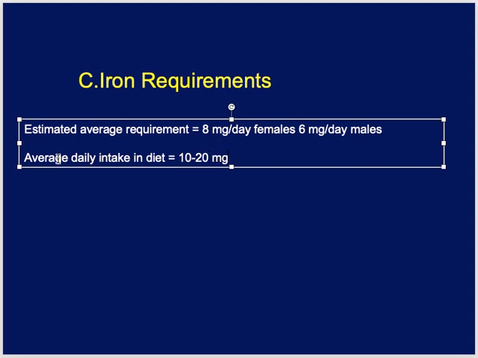On an average, people take this daily. Why? Because whatever we take in the diet, not all the iron is absorbed. The absorption is quite less than what we take daily. Only 5 to 10% of what we take daily is absorbed.